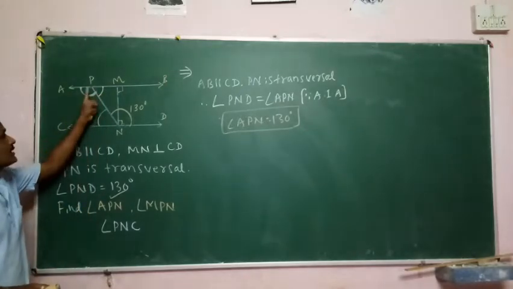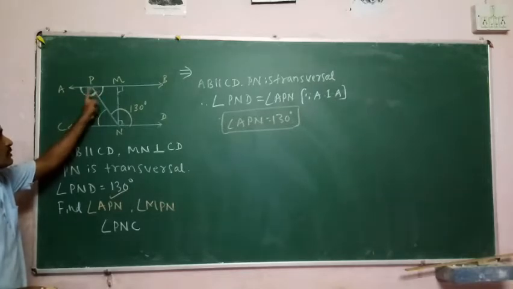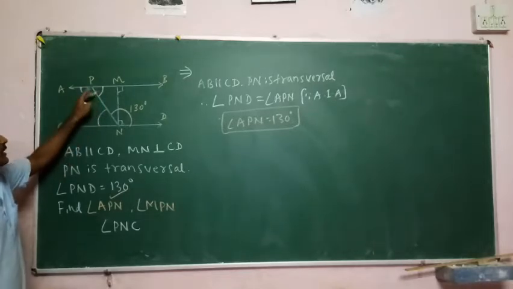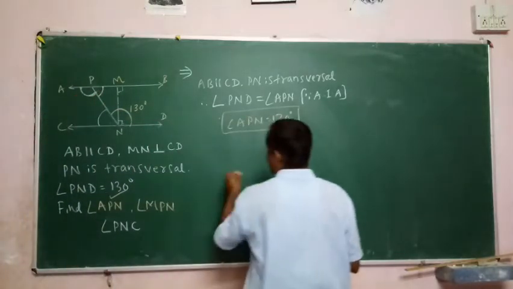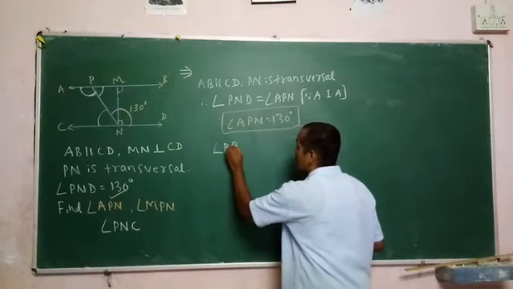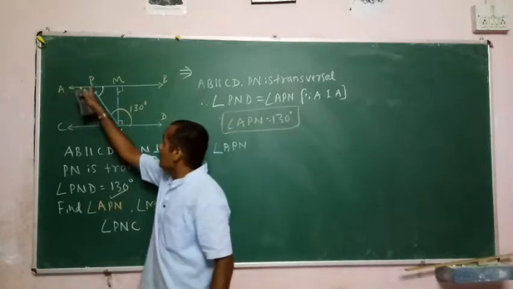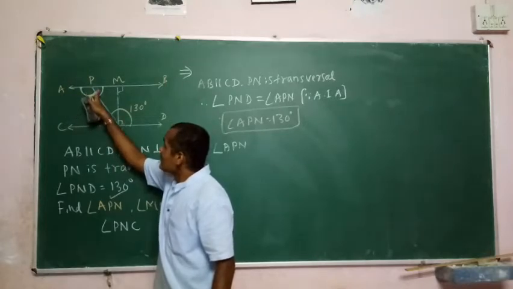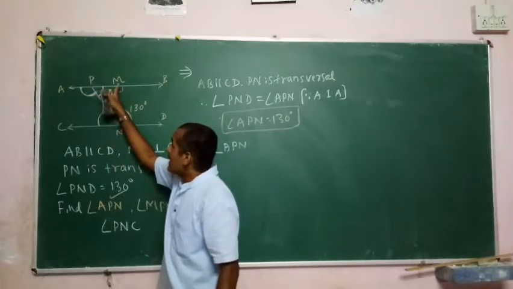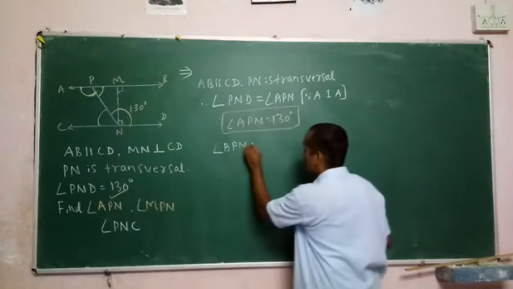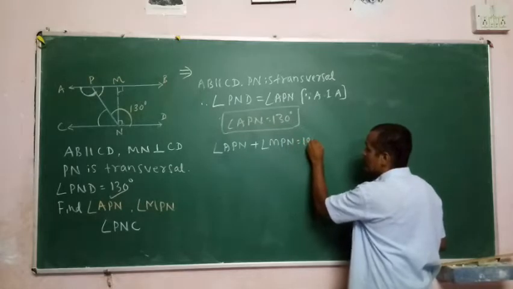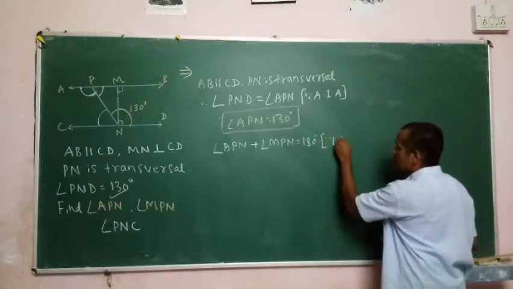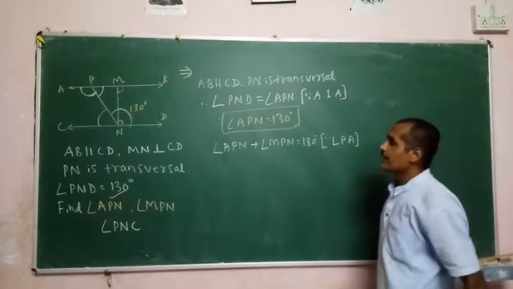These two are called a linear pair of angles. Sum of these two is equal to how much? 180 degrees. When this is 130, definitely this is 50 degrees. How to write? Further, angle APN plus angle MPN is equal to 180 degrees. This is because of the linear pair axiom.